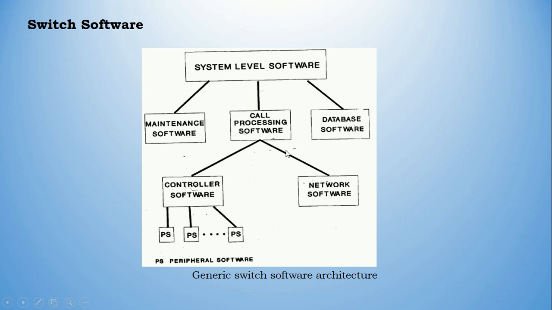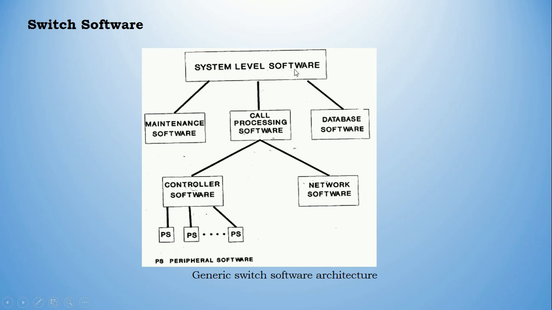And in call processing, because you have NCPs, after NCP you have IC. IC has controller software, NCP is related to network software, and your interface modules, that is LM, TM, every module is connected to PS, that means peripheral software.